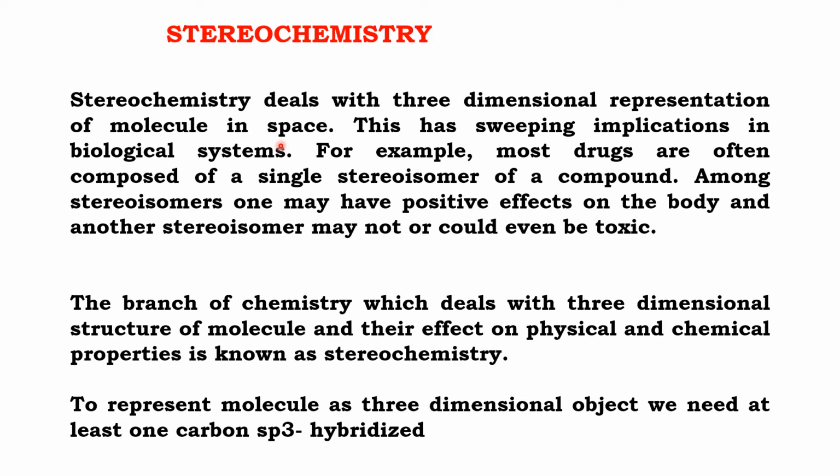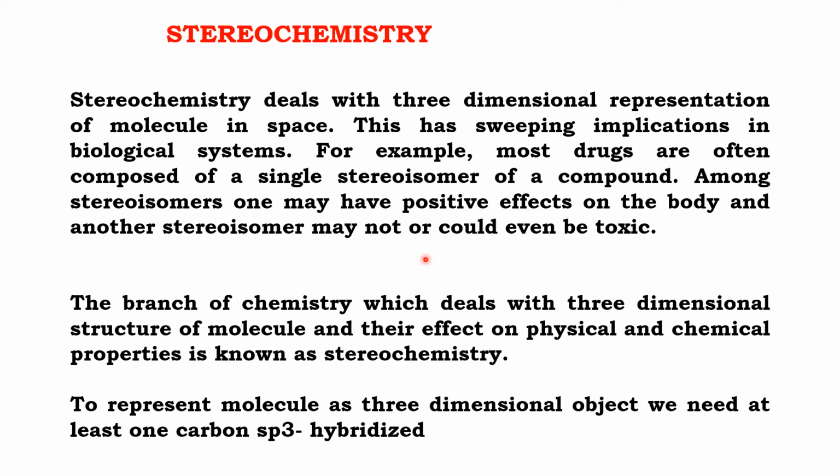molecule or compound. And the importance of stereochemistry is that in our biological systems, many reactions are directed by the stereochemistry of the molecule. For example, some drugs may be active only if we use a particular stereoisomer.